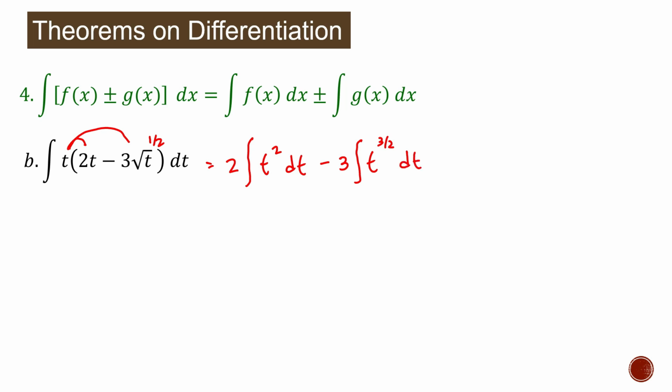All right, and this is equal to 2 times t raised to 2 plus 1, 2 plus 1 minus 3 times 3 over 2 plus 1, 3 over 2 plus 1, plus c.